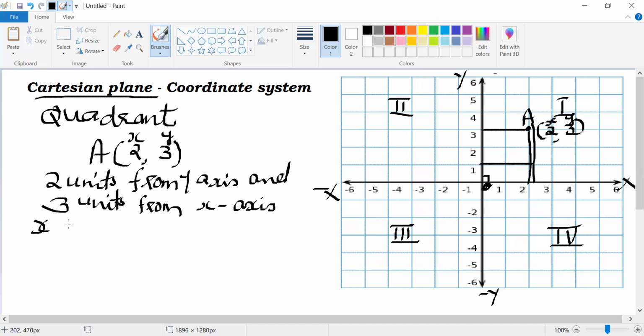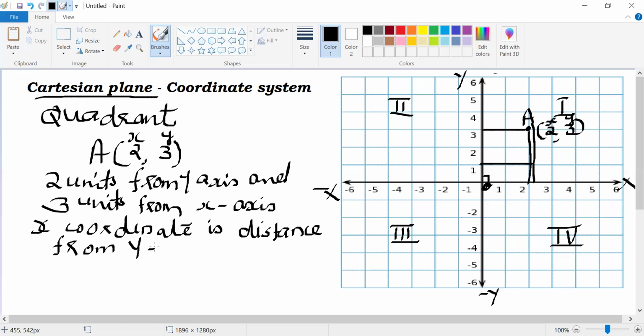What is the meaning of x coordinate? The x coordinate is the distance from the y-axis. Another name for x coordinate is abscissa.